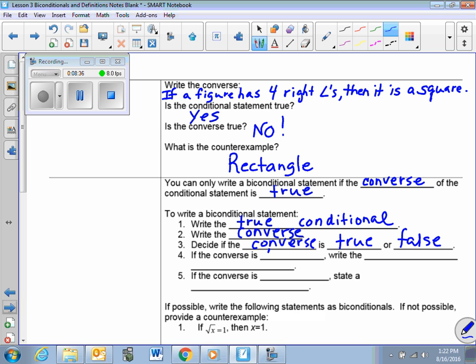If the converse is true, write the biconditional statement with if and only if, remember. If the converse is false, then of course you must provide a counterexample, just like we did above.